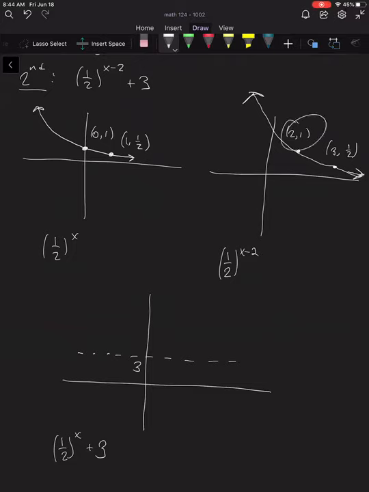So this one is going to be at 2, 4. And this one gets moved up 3 units, so that one is going to be at 3, and if we add 1/2 plus 3, that's 7/2. Then connect those dots, and so this will be our final answer.